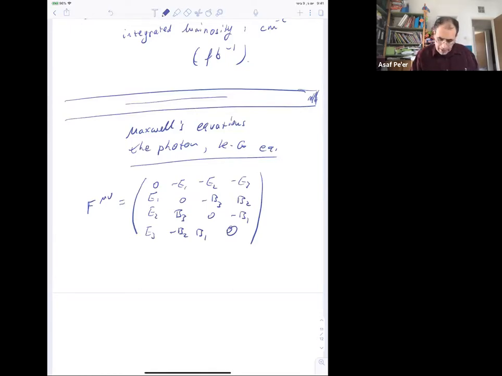Now, just to annoy people such as myself, the definition in common use in astrophysics textbooks is the same, but with a minus sign. So F mu nu astro is minus F mu nu particle physics. Since right now we're doing particle physics, I'm going to use the particle physics convention.